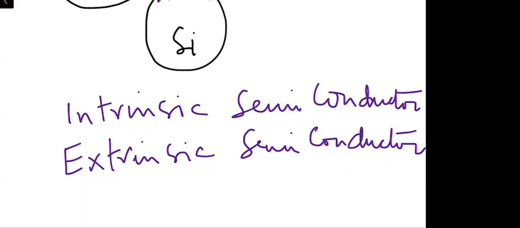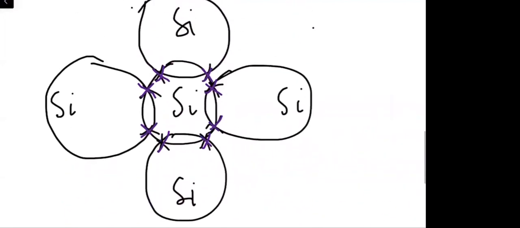So intrinsic semiconductor is basically the pure semiconductor. Let's suppose we take a look at the silicon lattice. In that, there is no impurity which is being added, right? So when no impurity is added and it is in its purest form, we say that this is basically the intrinsic semiconductor, right?